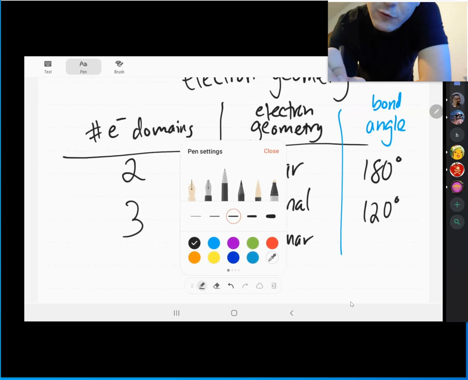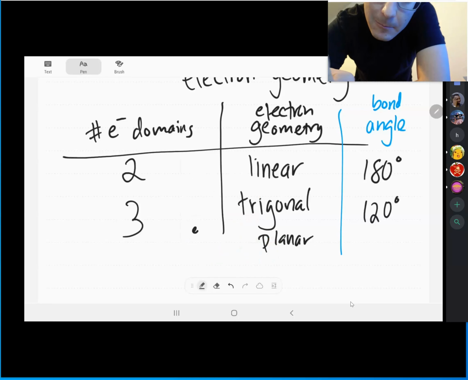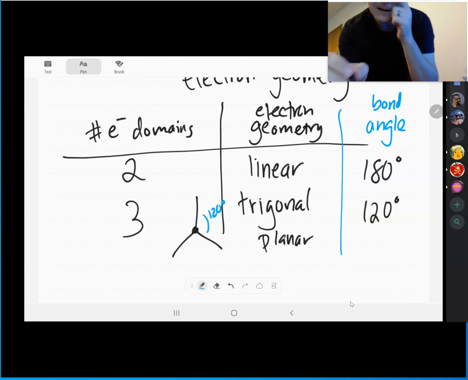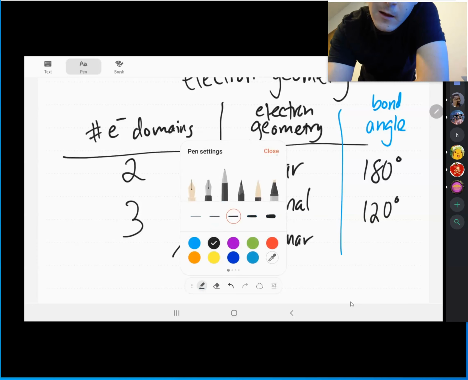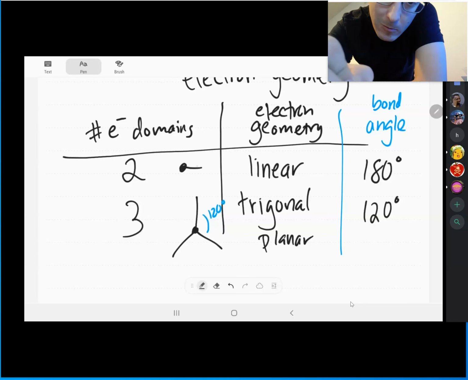Okay, and if I just draw something... That's 120 degrees. And that one is 180.